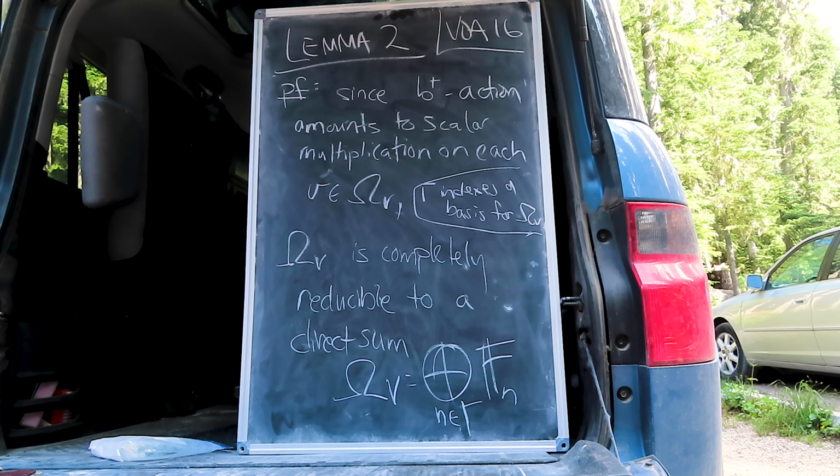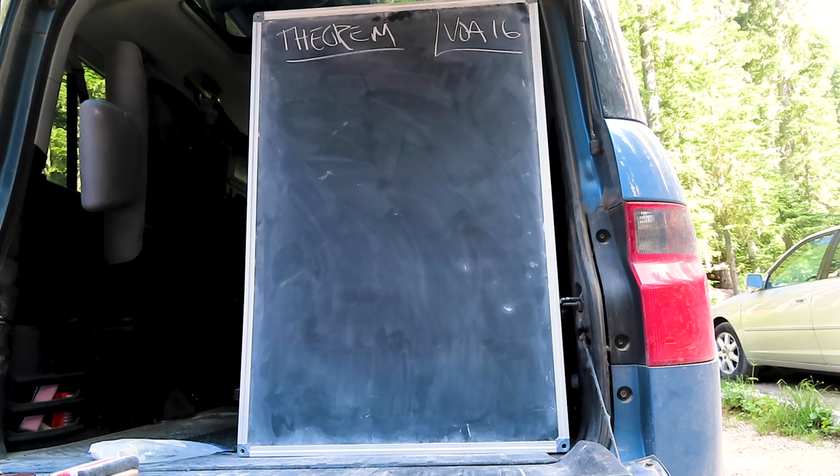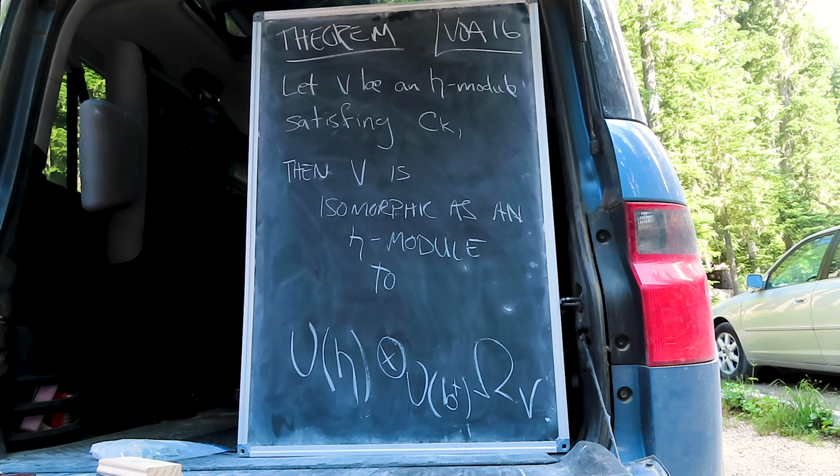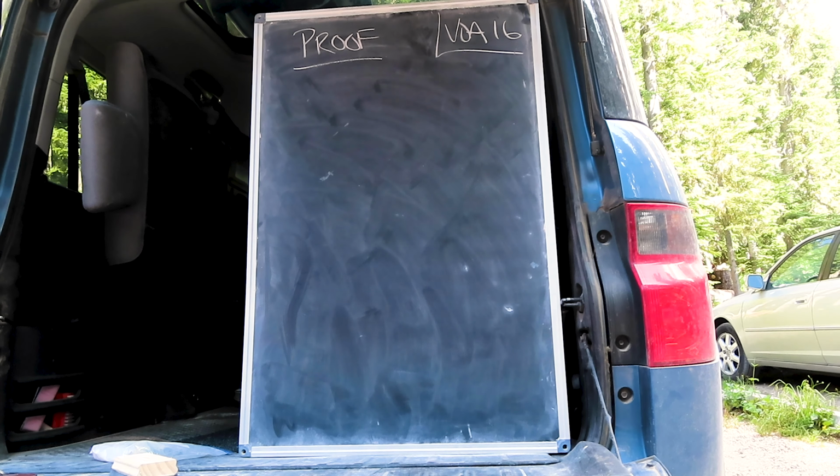Now we're ready to state today's theorem. Let V be a Z-graded H module satisfying the condition C sub k. Then V is isomorphic as an H module to the H module induced by the vacuum of V, considered as a B plus module. Proof.